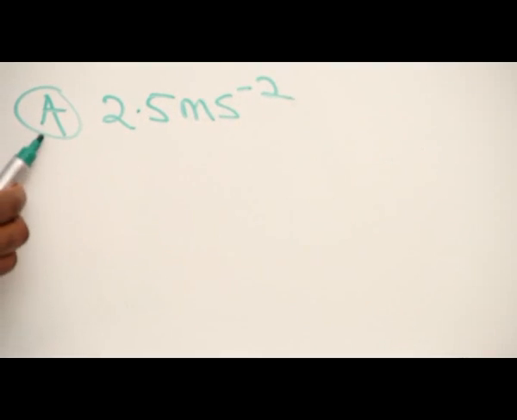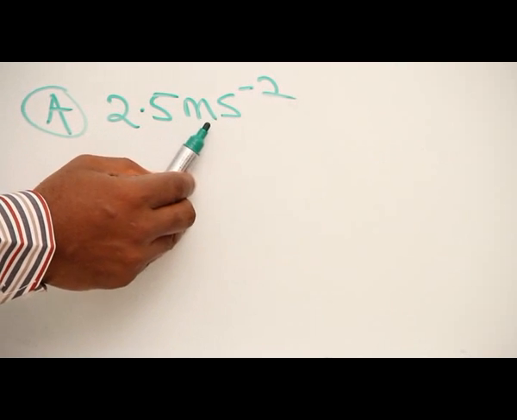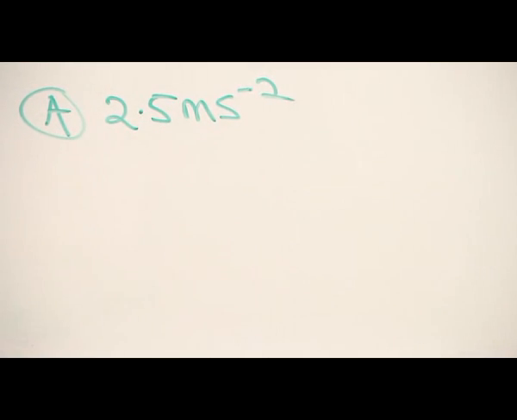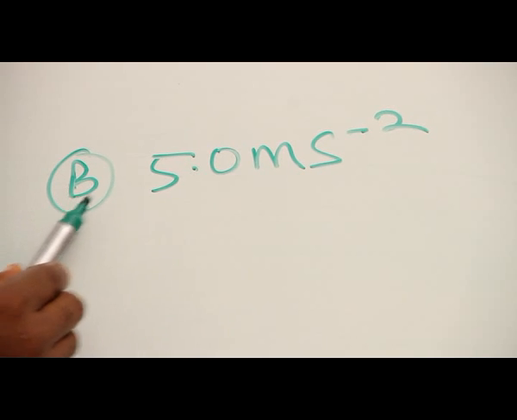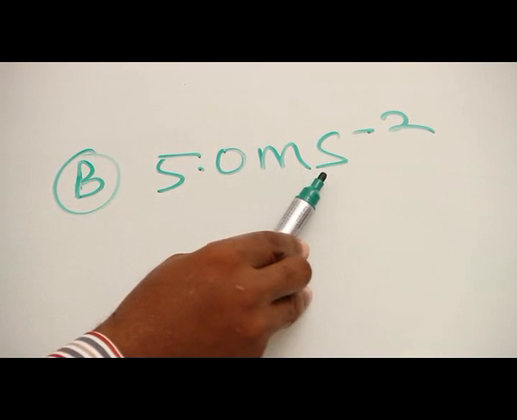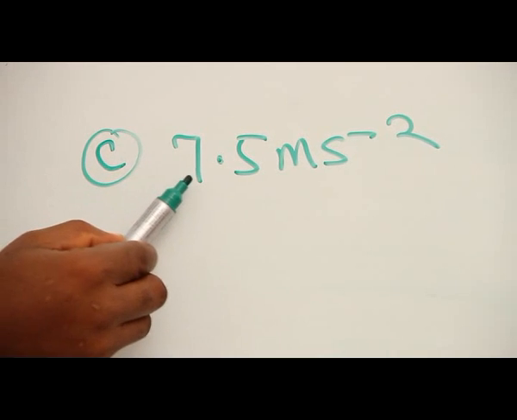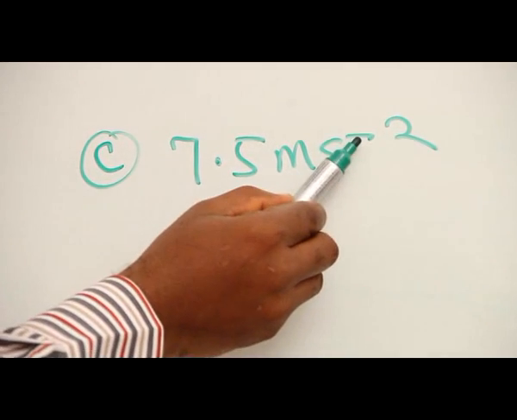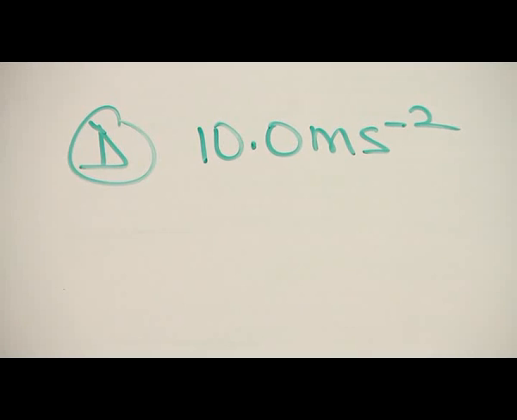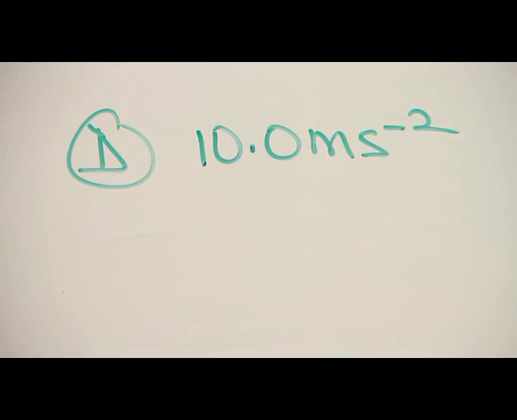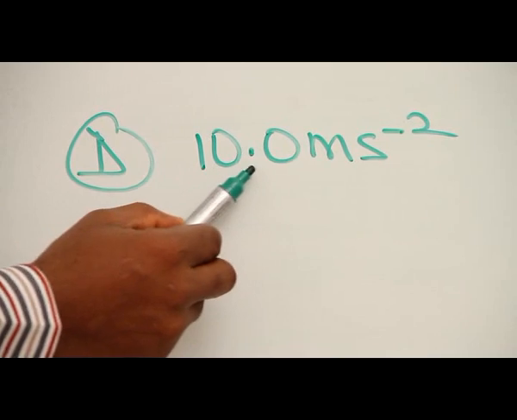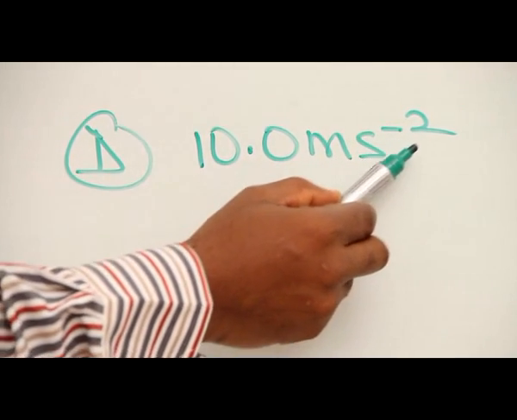Option A, 2.5 meters per second squared. Option B, 5.0 meters per second squared. Option C, 7.5 meters per second squared. And option D, 10.0 meters per second squared.